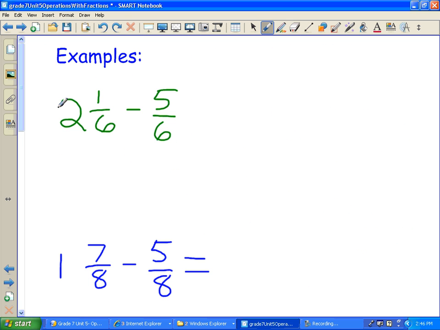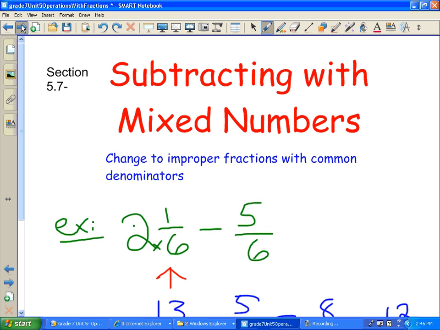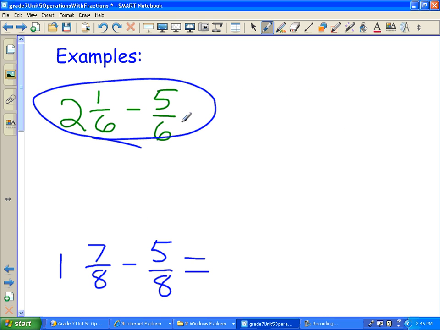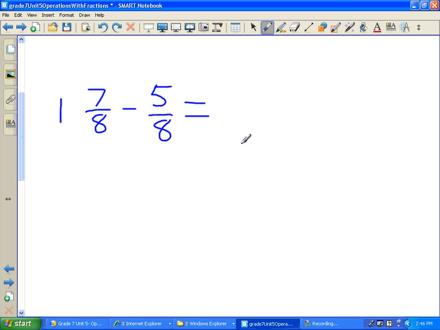In this one, the bottoms are the same again. Okay, that is the exact same one, so we know how to do that one. For this one here, the bottoms are the same, so it's going to be out of 8. So 1 times 8 is 8, plus 7 more is 15. And then we've got 5 over 8.